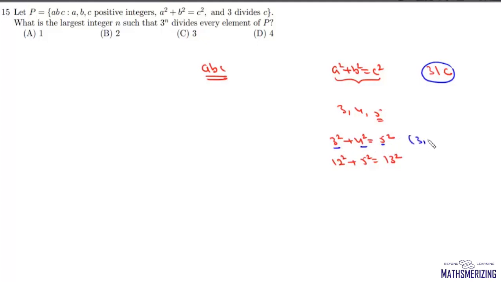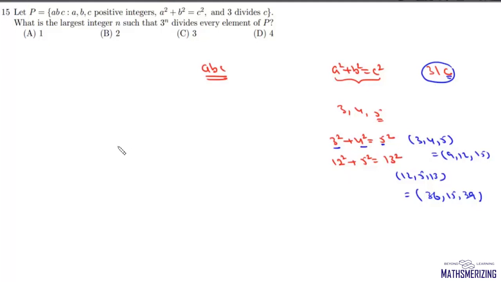So from this 3, 4 and 5, we'll get 9, 12 and 15. From 12, 5 and 13, we'll get 36, 15 and 39. So this last number C, it can only be divisible by 3 if all these three are divisible by 3.